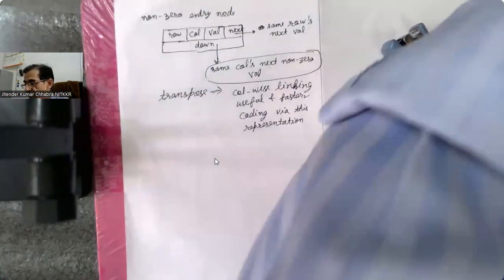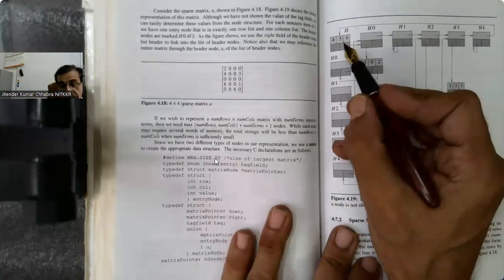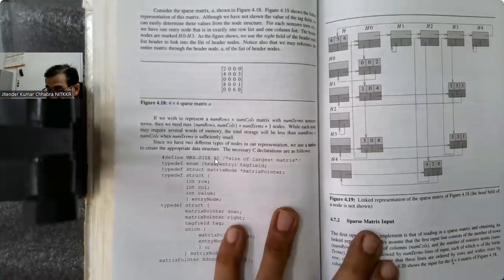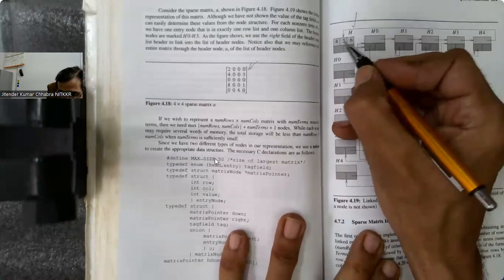but just to show you what is given in the book, my screen will be visible here. You can see in the book the same example which I have just discussed is given here. This is the matrix which I have shown, and here is the header node, the overall header.